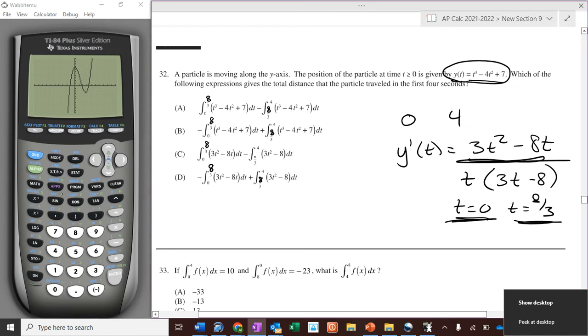So let me put in that function, 3t squared minus 8t. If we look at this graph, it's either C or D, but what am I doing wrong here?